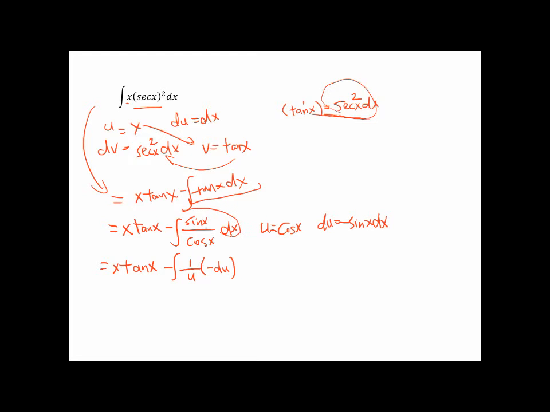Because what is here is sine x dx, but the du is negative sine x dx, right? So I take this negative 1 out, which is x tangent x plus 1 over u du. Okay, so this part comes again, equals x tangent x plus natural log absolute value u, right? You never want to forget this absolute value, and then plus c.